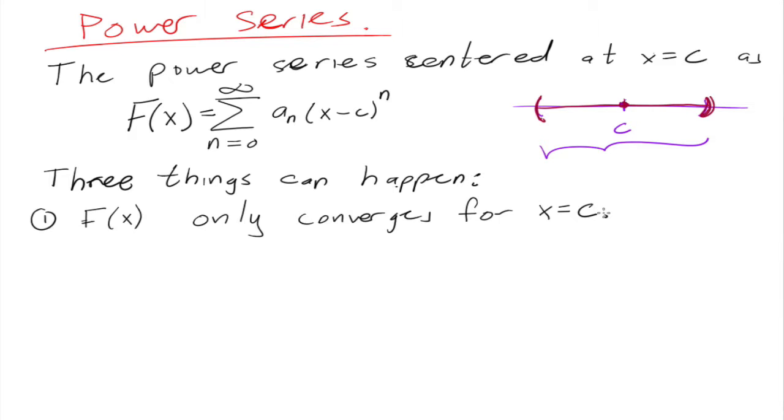So this is a pretty bad situation that says it only converges if you plug in that number c, and so the whole thing is going to equal 0, and that's it. If you plug in any number, it doesn't matter how close it is to c, it'll blow up.